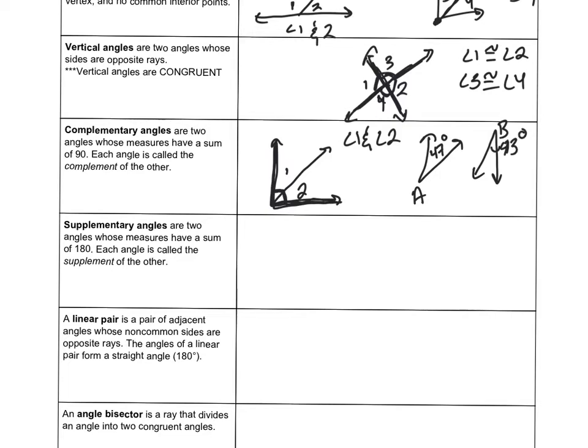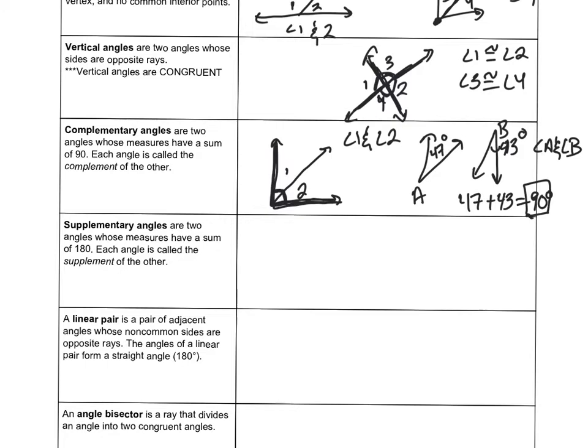One way to check if these two angles are complementary is to add the two degrees together. So 47 plus 43, we get 90. So angle A and angle B are complementary because the sum of the two angles is 90.